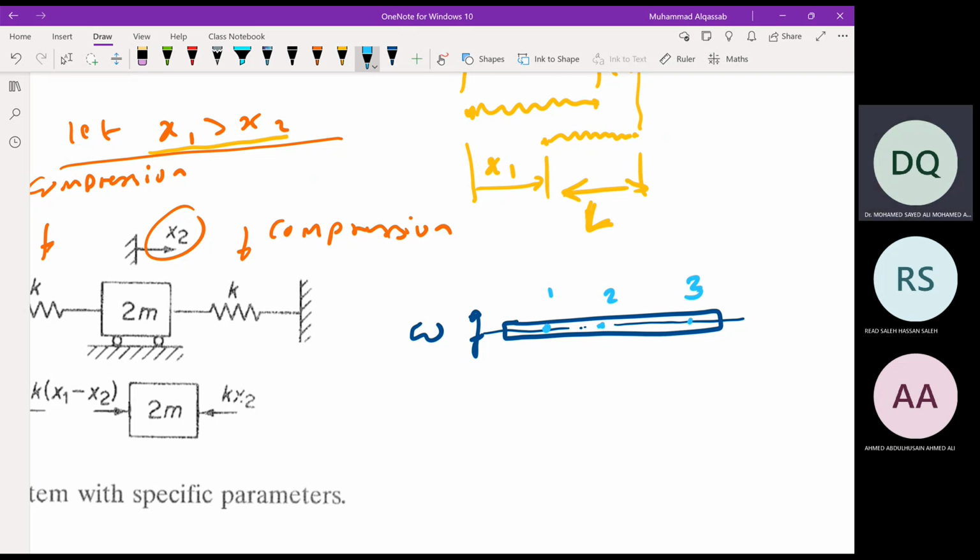Unless the beam is not forming a continuous system, unless we have two beams.